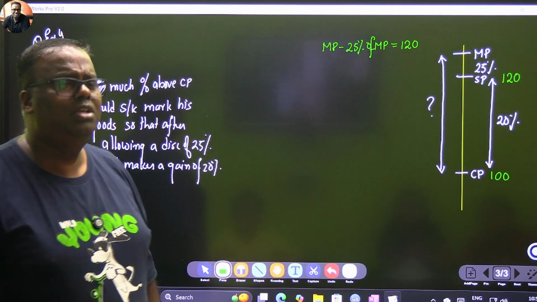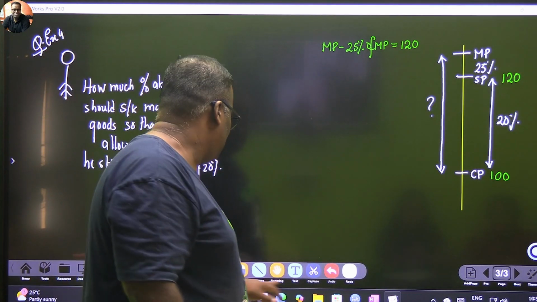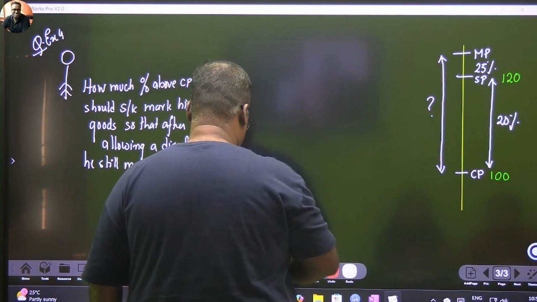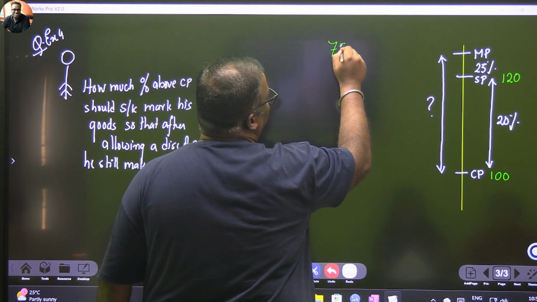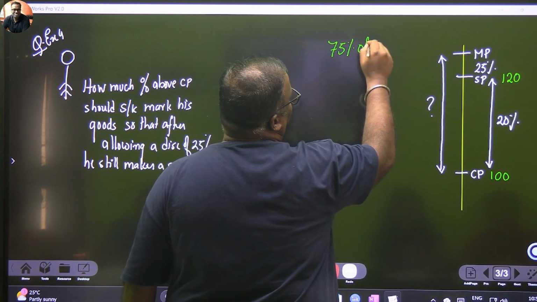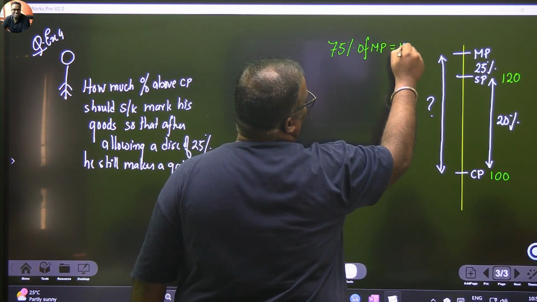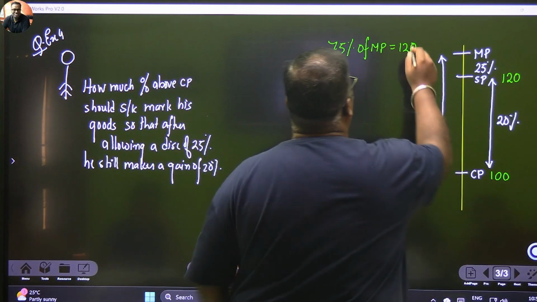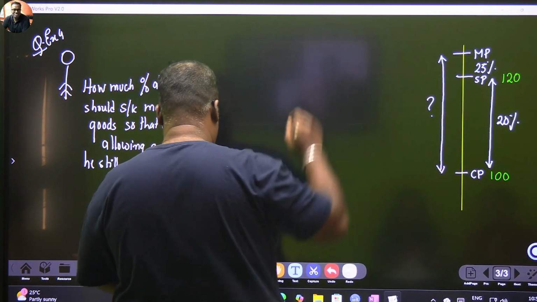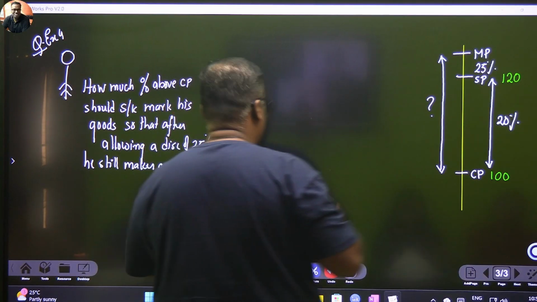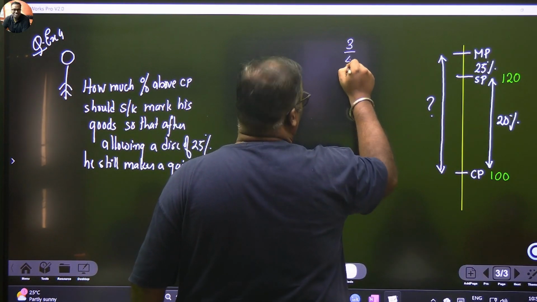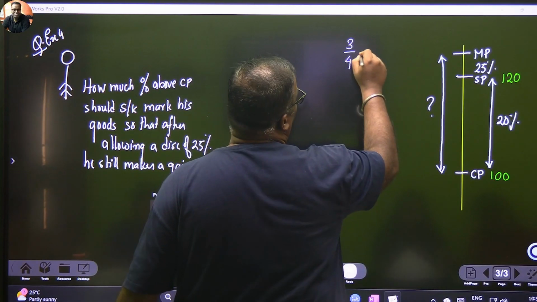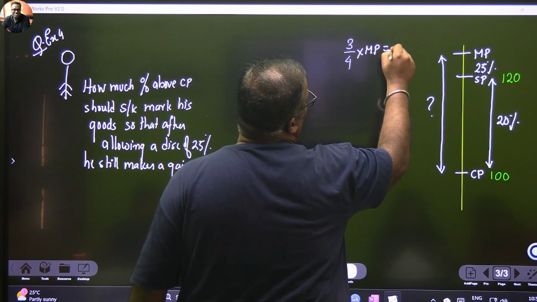25% discount means what? 75%. So instead of doing so much of idiotic mathematics, can we just not say 75% of mark price is 120 rupees? Can we not say 3/4 of mark price is 120 rupees?